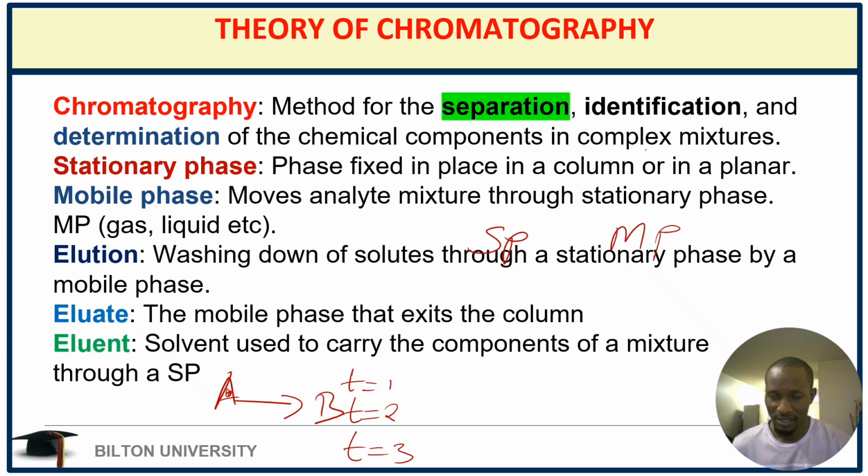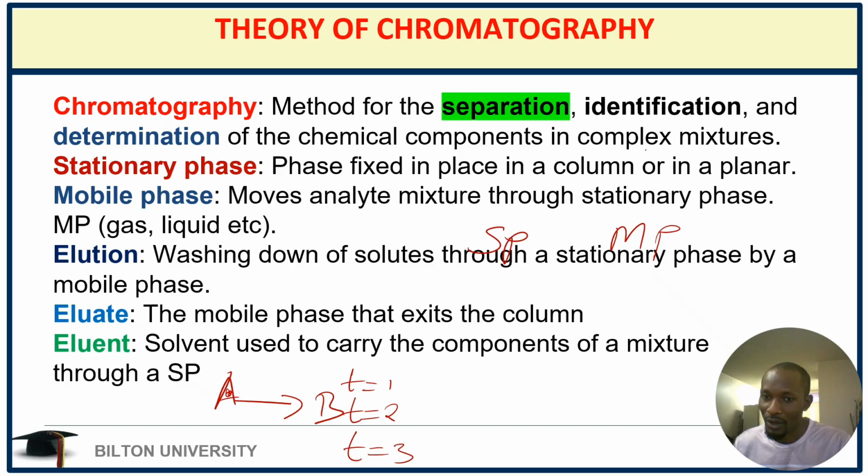So now, what is a stationary phase? In layman's language, the stationary phase is a phase that is put within a column that doesn't move. From the word stationary, it's just a phase which is there, and it is through this phase that we can force our mobile phase to pass.